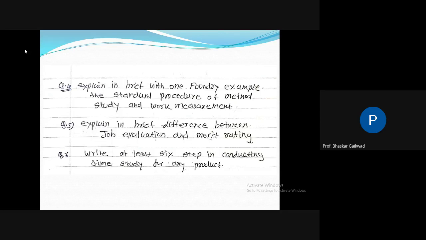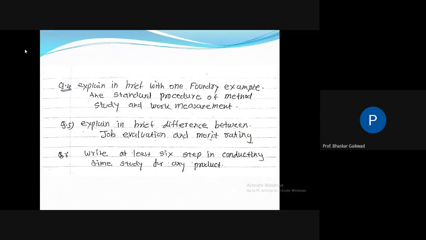First of all select the job, record the job, convert it into small elements, examine those small elements, and then we have to decide the observed time into rating. Then we have to calculate normal time plus allowance, and you can calculate the standard time. Like this the procedure is there.